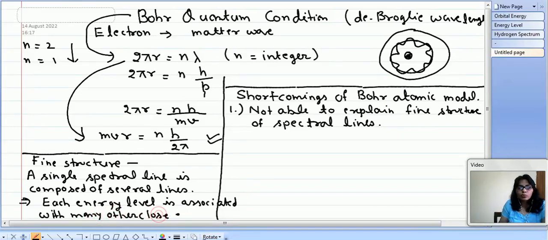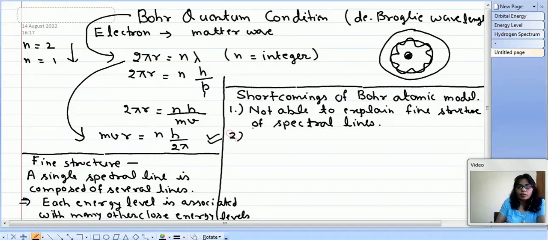These observations are due to the experimental observation of fine structure, and this could not be explained by the Bohr atomic model, because in Bohr atomic model there are only certain energy levels corresponding to principal quantum number n is equal to 1, 2, 3, 4 and so on.